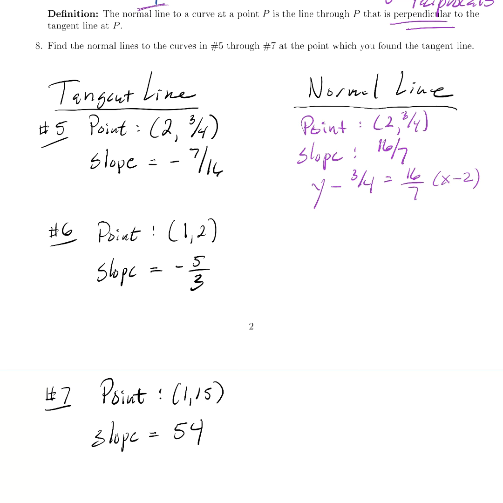Again, coming down to the next example, the point doesn't change. It's (1, 2). The slope is the negative reciprocal, which is going to be positive because it's negative to start. Negative reciprocal is 3/5, and we get y minus 2 is equal to 3/5 times x minus 1.